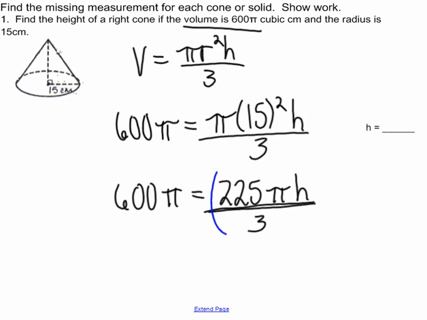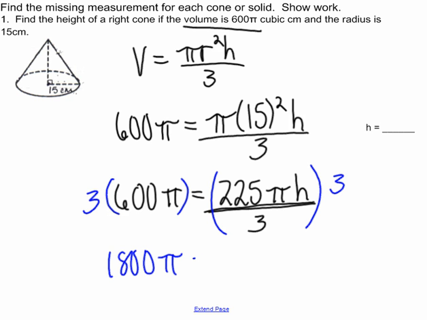So in order to undo the division, I'm going to multiply both sides by 3. So I'm left with 1800 pi equals, and the whole point of doing that is this would divide out into 1, so it's like a giant 1. So I'm left with 225 pi times h.